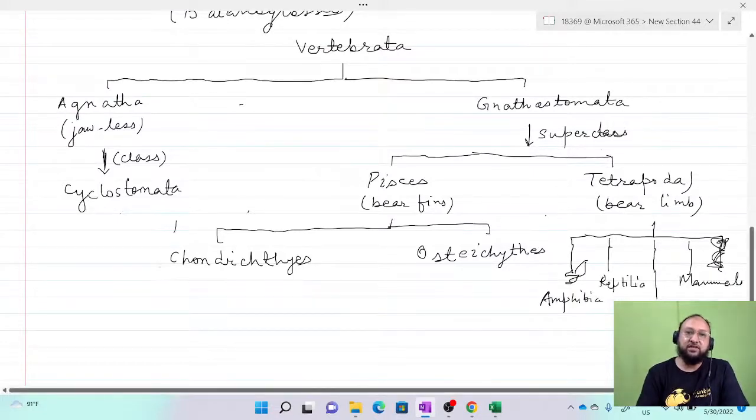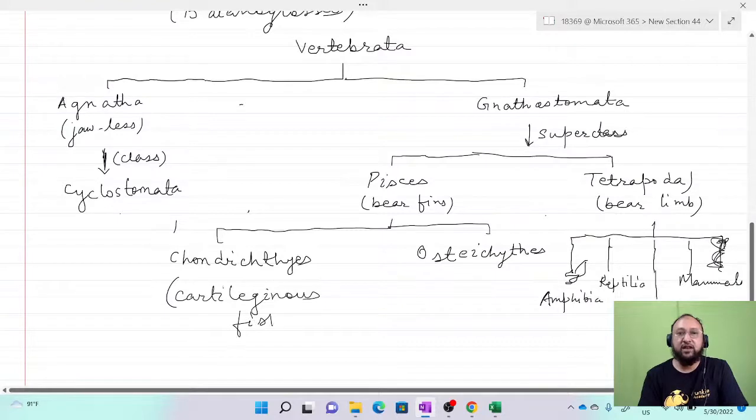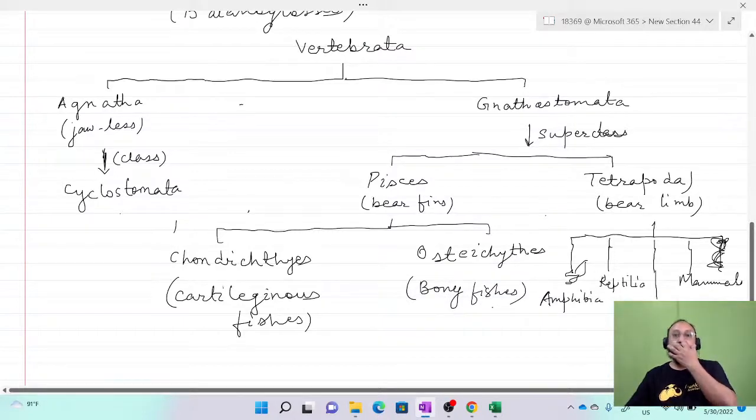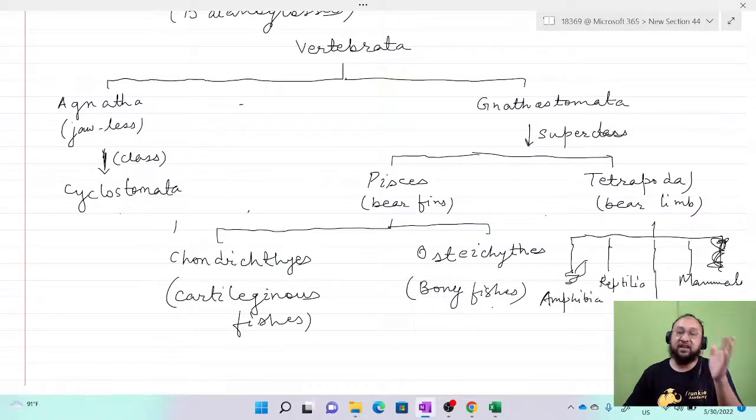Chondrichthyes means the cartilaginous fishes, like shark, and Osteichthyes means bony fishes. So there are two classes in Pisces, the cartilaginous and bony fish.